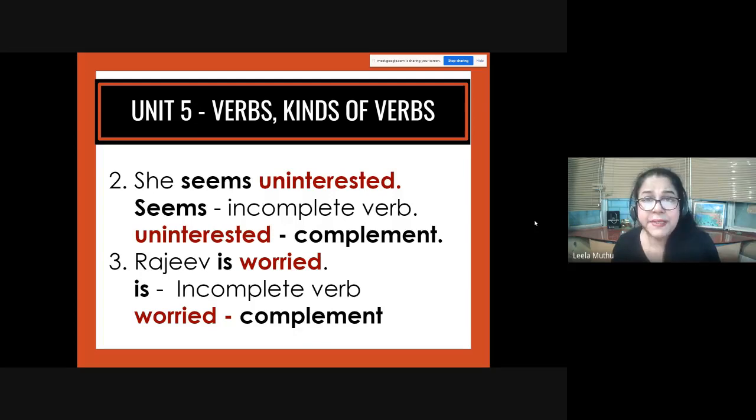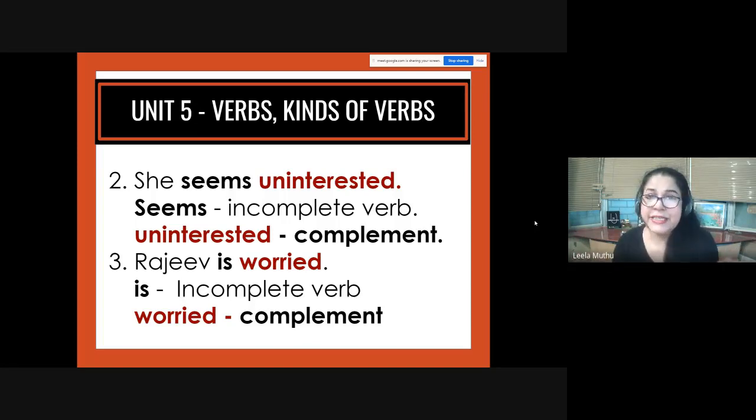She seems, it's not complete, just she and seems. Seems is incomplete without the complement uninterested. Understood? Seems is an incomplete verb. Uninterested is the complement. Rajiv is worried. Rajiv is a subject. Is is the verb, but without adding the complement worried, it does not make complete sense.